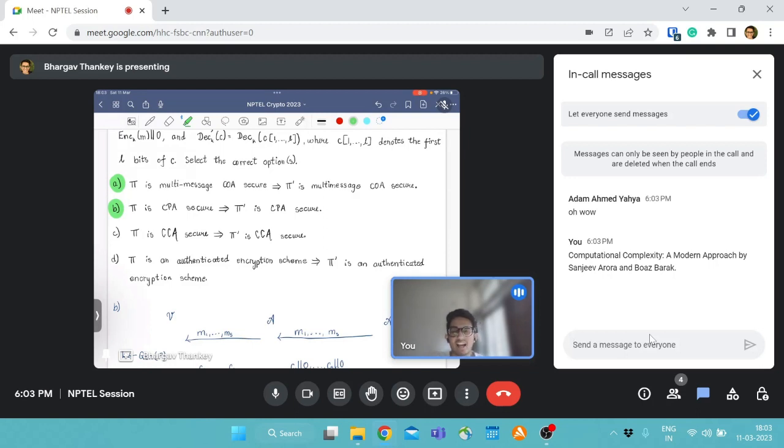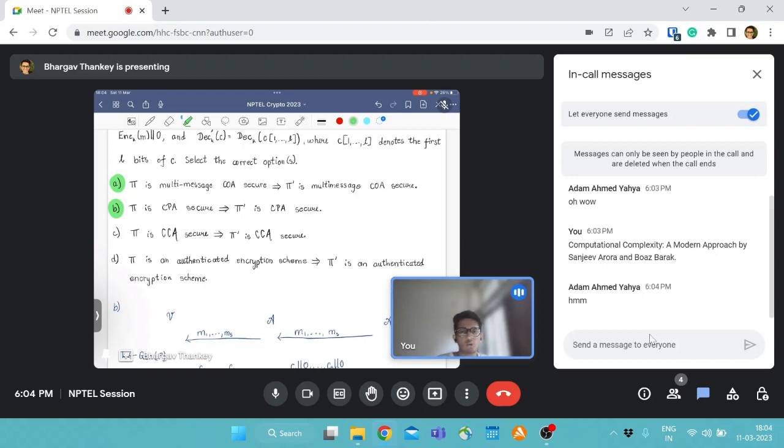Some chapters of this book are difficult, but for basic complexity, you can just read chapters 1, 2, and 4. Yeah, 1, 2, and 4 should suffice.